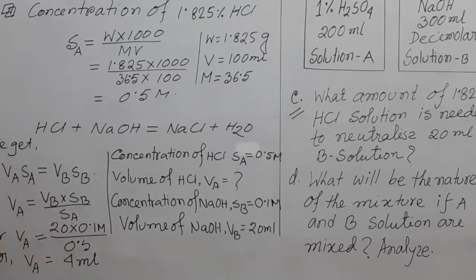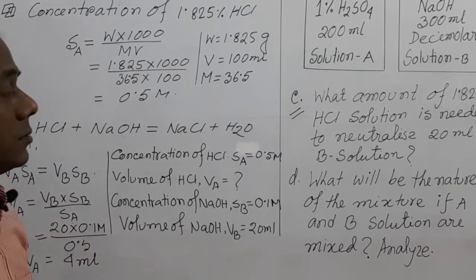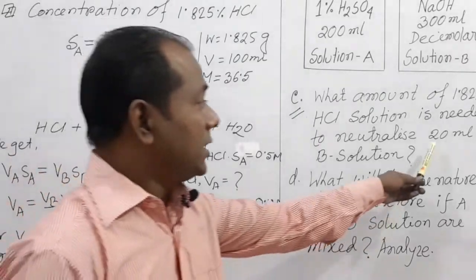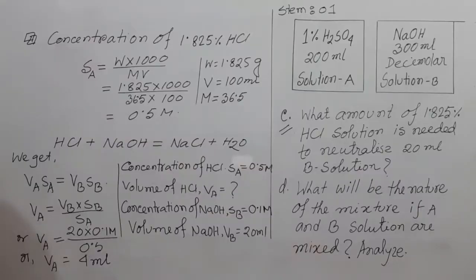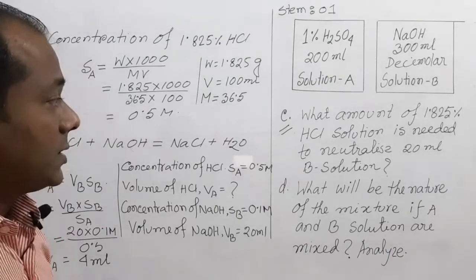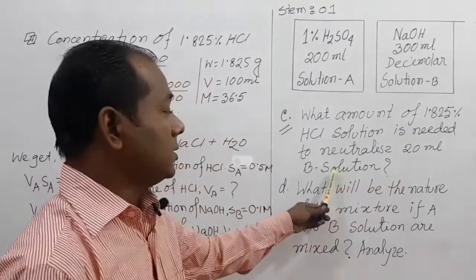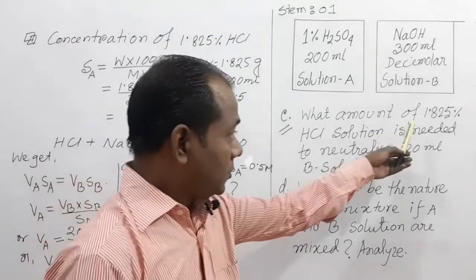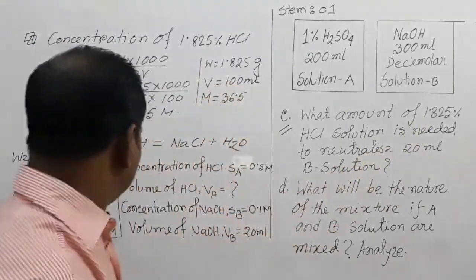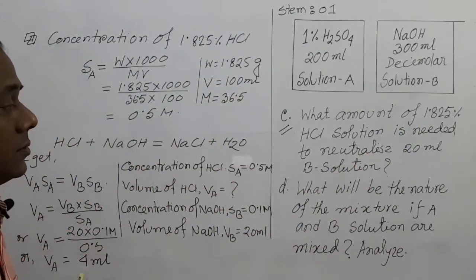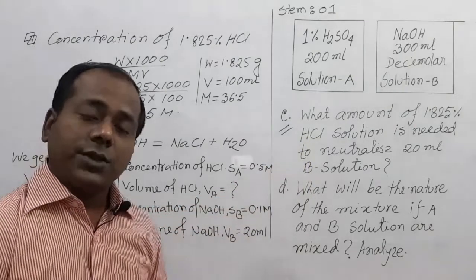So, my dear students, to neutralize 20 ml of B solution, 4 ml of HCl solution is needed.